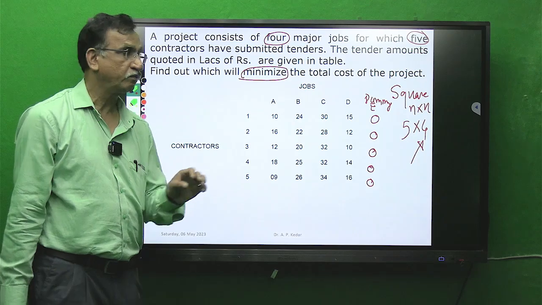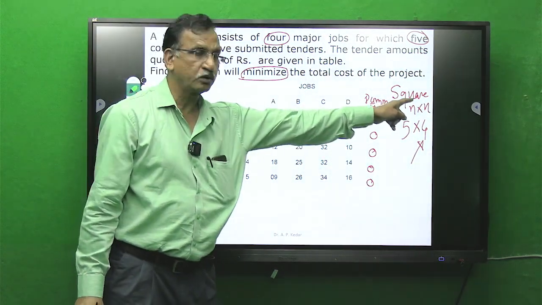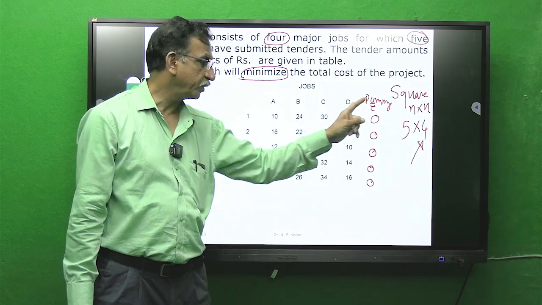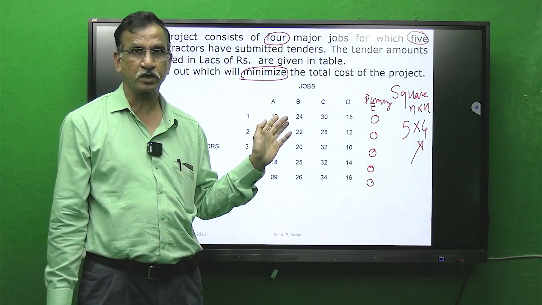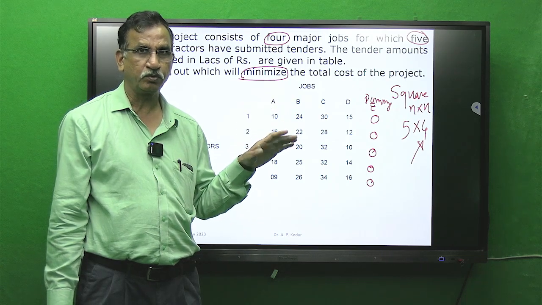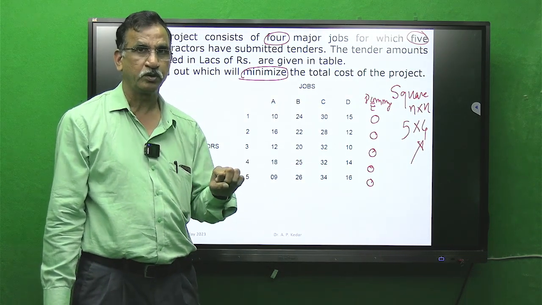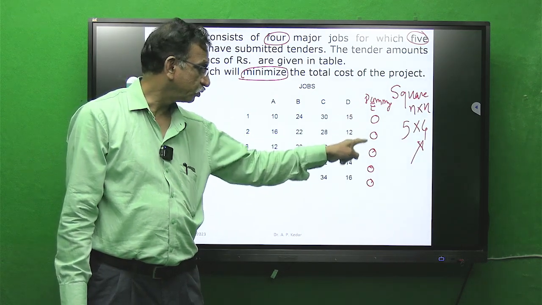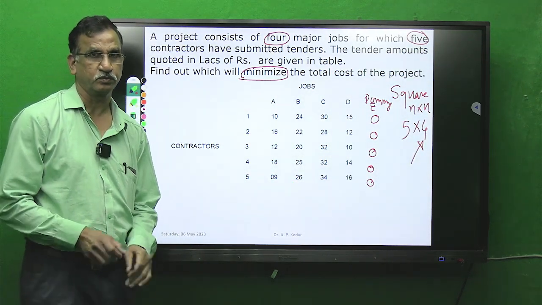So remember, when you get an assignment problem in a non-square matrix, depending on the situation, whichever is less: if the number of rows is less, add a dummy row. If the number of columns is less, add a dummy column, and put the cell value in those dummy columns or rows which you are adding as 0.